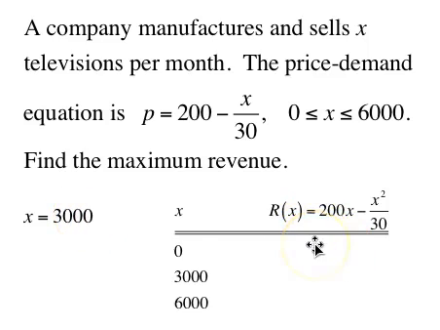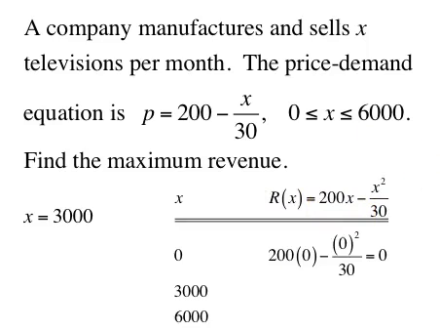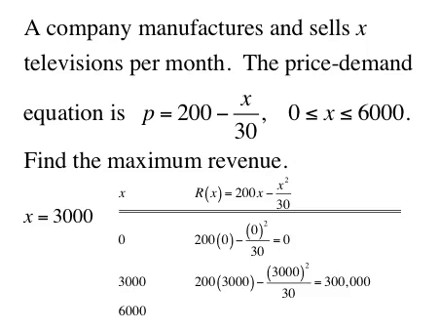Our revenue function is x times p, x times (200 minus x over 30), 200x minus x squared over 30. Plugging in 0, 200 times 0 minus 0 squared over 30 is, of course, just 0. Plugging in 3,000, 200 times 3,000 minus 3,000 squared over 30 gives us 300,000.